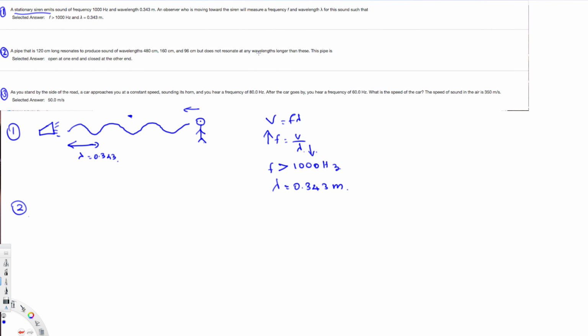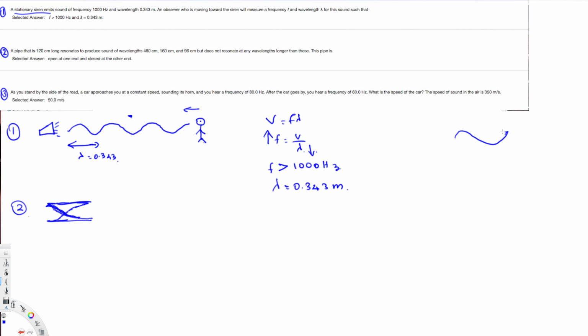According to this information, we know that the first harmonic is right here. Let's take an open pipe and see what happens. Whenever we have an open pipe, we are going to have an antinode at the end. So here we have an antinode at both ends, and this is our first harmonic for an open pipe. If you look at this, this is half of the wavelength, because a full wavelength pattern is like this.